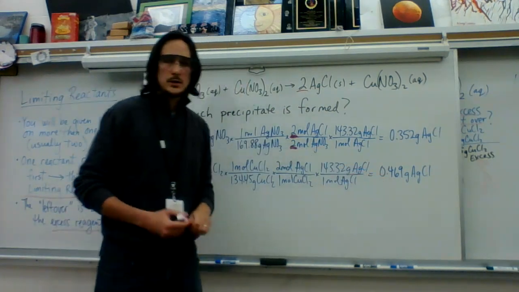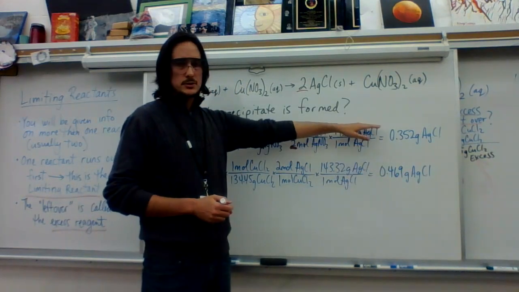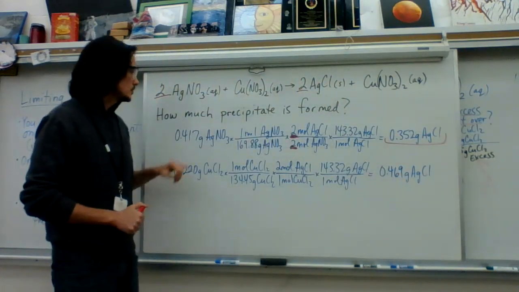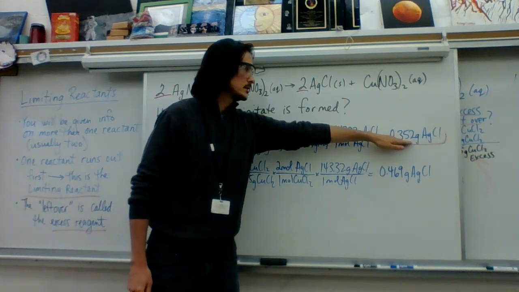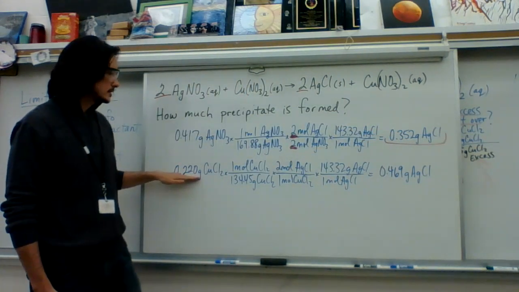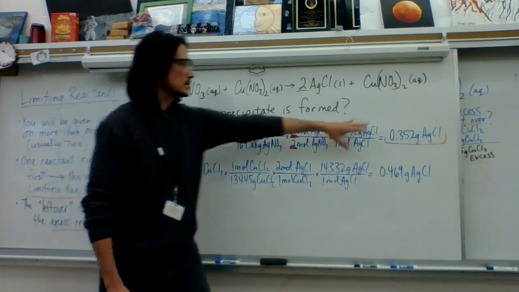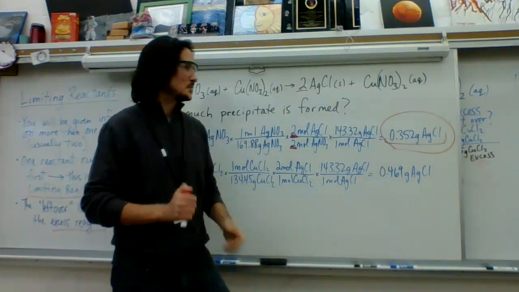And we see this. What you're going to find is that when you have a limiting reagent problem, you get 2 different answers. The answer is the lower one, right? You have enough of this reactant to produce this mass of product, and you have enough of this reactant to produce this mass of product. Anyway, this is how much precipitate is going to be formed.